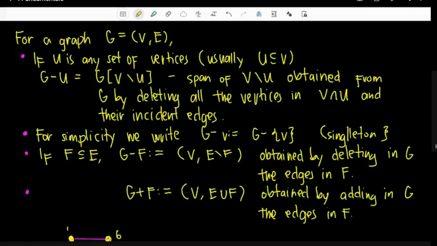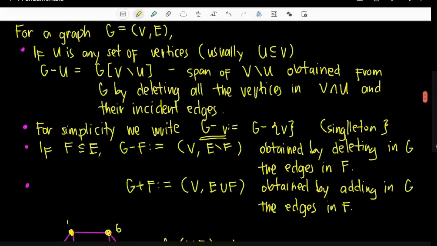Yung matitira, yun yung G minus U. Alright. For simplicity, pag isa lang yung laman ng U, singleton lang siya, usually nira-write natin siya as G minus the element V. So, ibig sabihin, may meaning din yung G minus a vertex. So, kanina, G minus a graph. Yung G minus U, G minus subsets of vertices. Yung G minus a vertex, ibig sabihin, isang vertex lang yung tatanggalin mo.